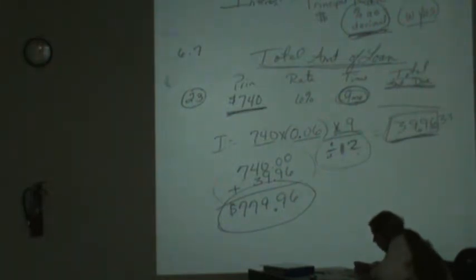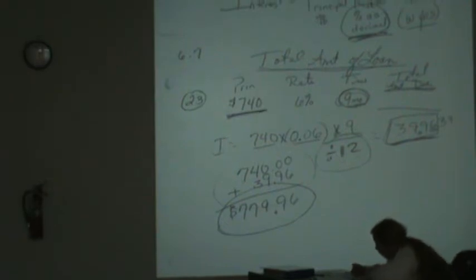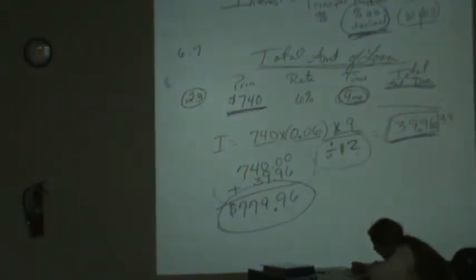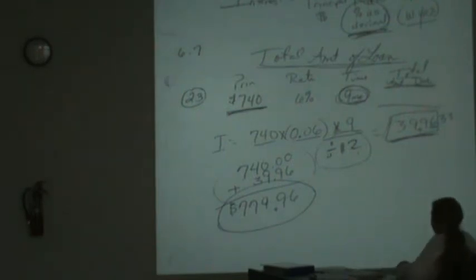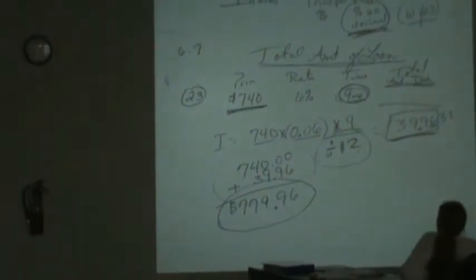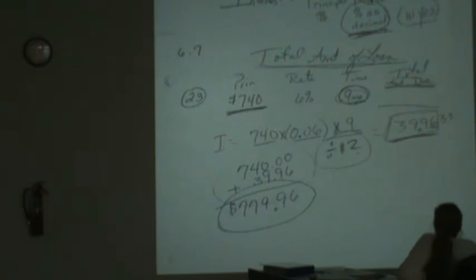Maybe we should do another one of those? Okay. Let's do another total amount due. Let's do 18 months. Number 25 has $1,800. Now if we're doing 18 months, is it still going to be divided by 12?